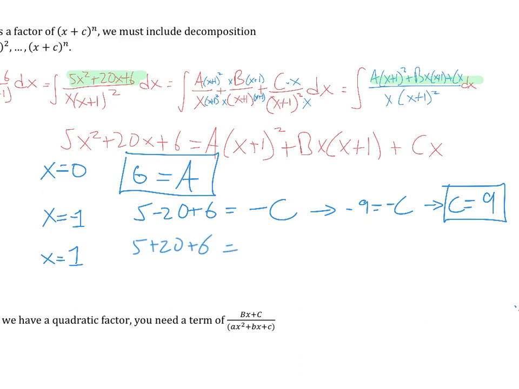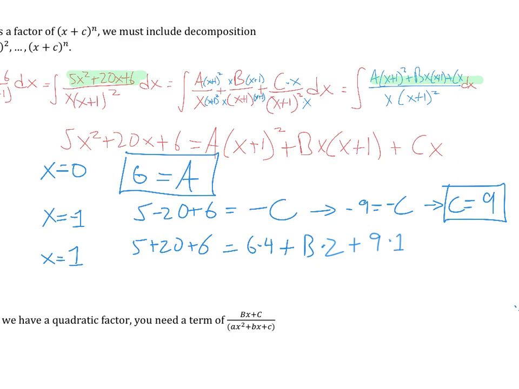And over here we have a, which is 6, times 1 plus 1, which is 2 squared. Okay, so that's 6 times 2 squared, which is 4. Plus, we don't know b, but we're plugging in x equals 1, so that's 1 plus 1 is 2 times 1, which is 2. And we know that c is 9, and x we just said was 1.